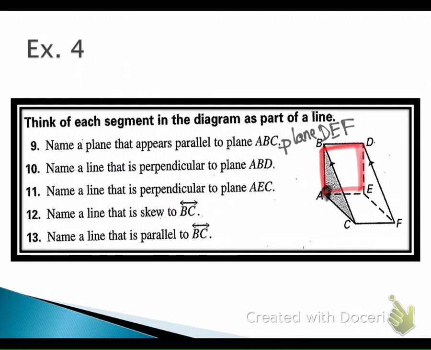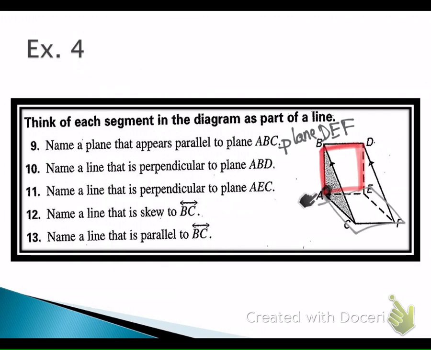So the plane that's perpendicular would be which one? Think of a ramp. If you were making a ramp, that's like the back of the ramp. Which one would make a right angle with that? EFC, yeah. The bottom of the ramp, right?